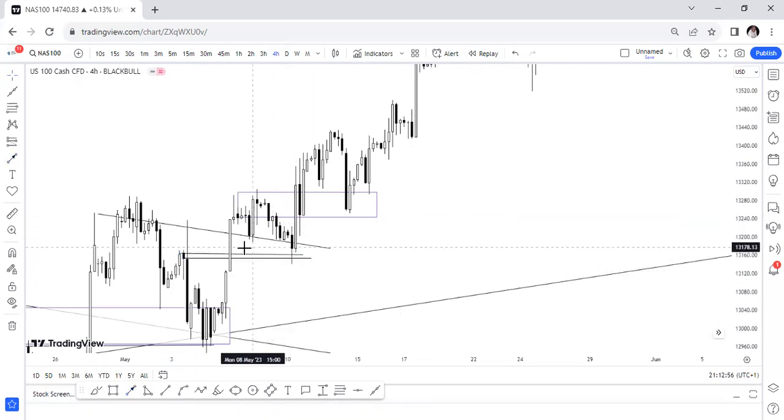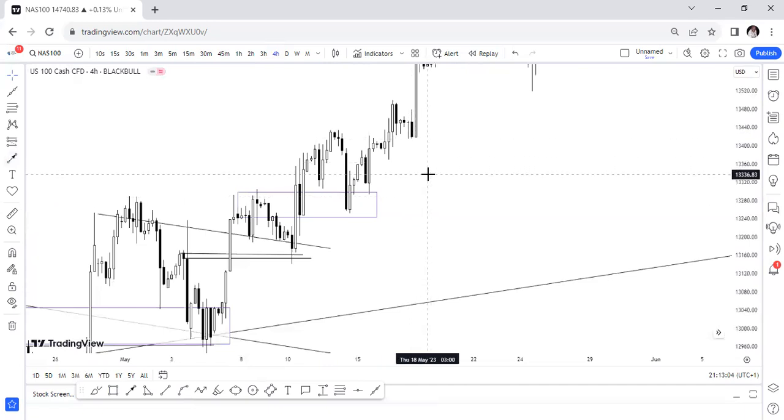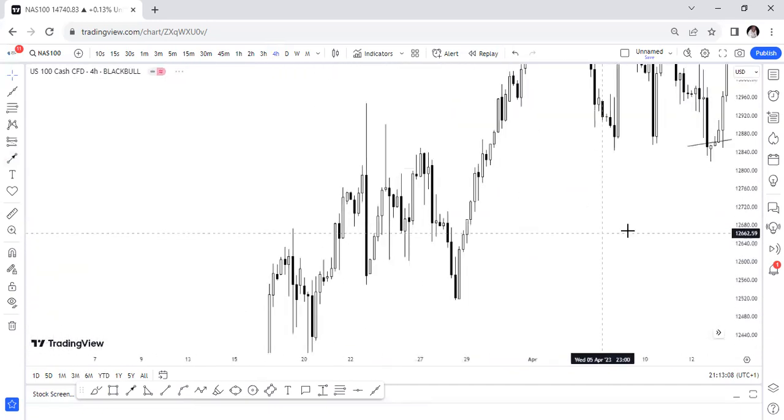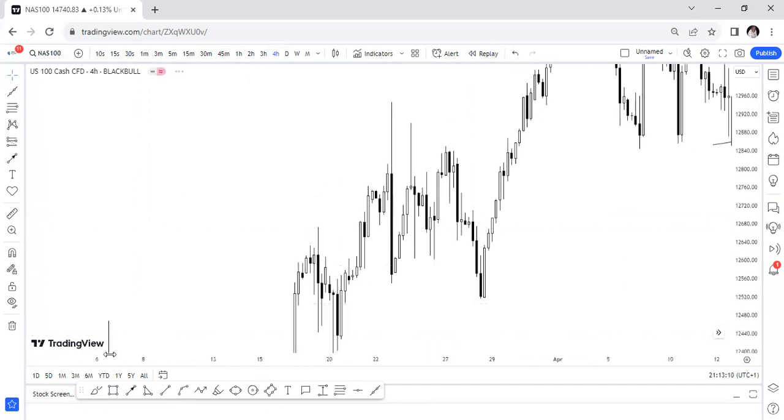Because it has a liquidity sweep here, this is a double low. Price taps into it, takes out liquidity, then taps into this, and price moves higher. That is the best bet for you.